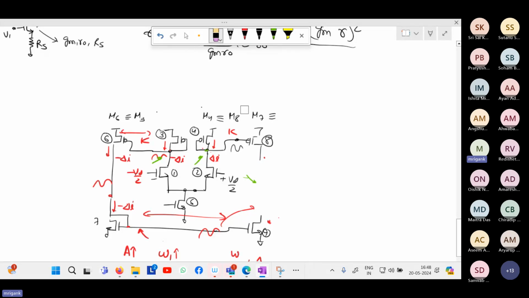So if I have to now bias it, what are the ways? This is the PMOS and this is the NMOS. So one way to bias it is that whatever bias current you are having here. Remember that wherever points the wires are connected, I will draw this dot. Other places, if I'm not drawing this dot, wires are not connected. If it is a crossing point and the wires are just passing over each other, I will not draw this dot.